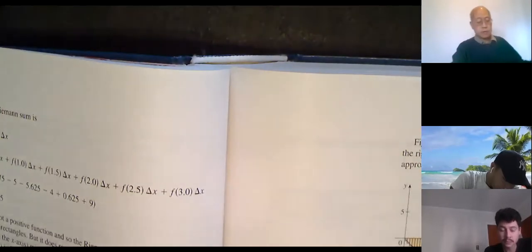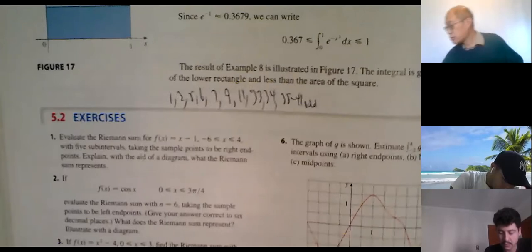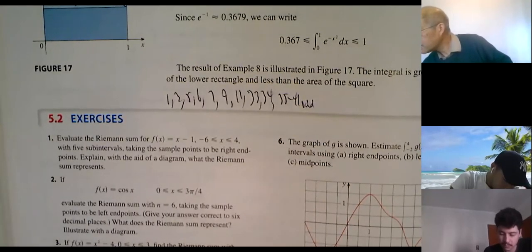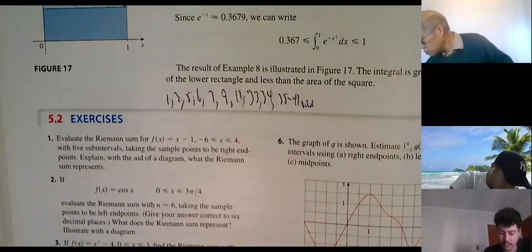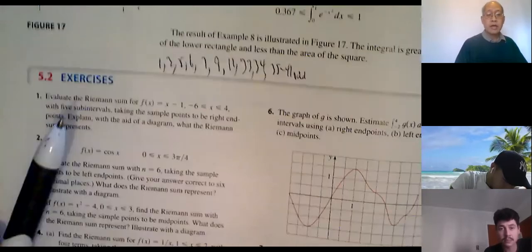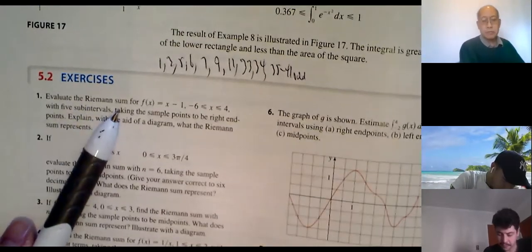So let me get started with something. 5.2, number 1. Evaluate the Riemann sum. What is a Riemann sum?